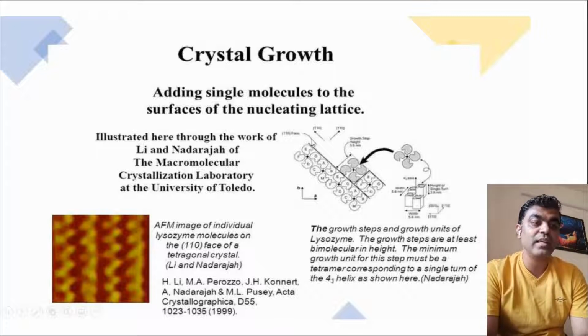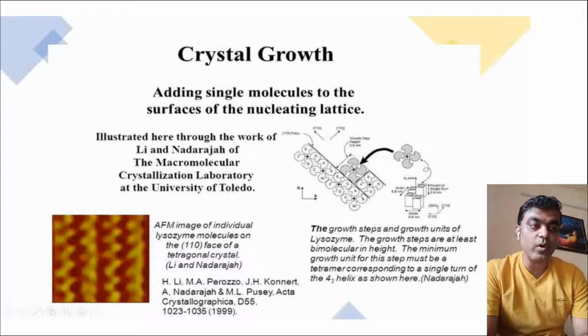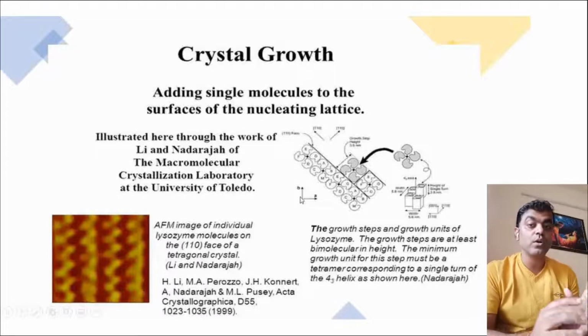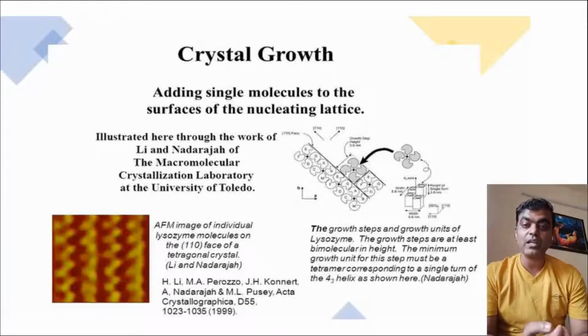So this is basically the growth units of lysozyme, which I'm showing here. In these growth units of lysozyme, you see the step growths, they are 4 units. So it is not a single small unit which you see here, but 4 together, and they work together and keep on growing, making a nucleating lattice. So this lattice formation is taking place. It is not always that a unit cell will grow on its own. You can have multiples of this, but the idea again remains the same.